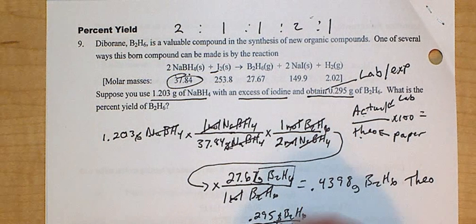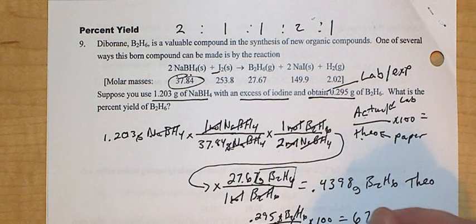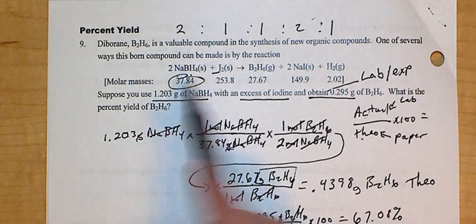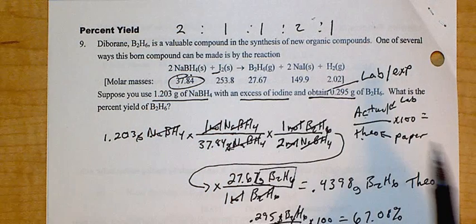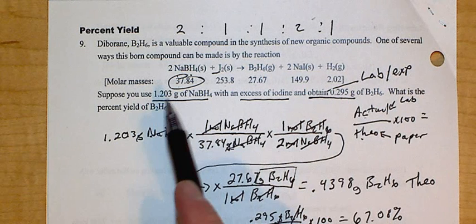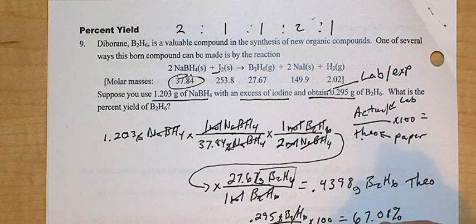Sorry, Miss Chang. We multiply it by 100 to get a percentage, and we're at 67.08%. I'm going to do a quick check here to look at my sig figs. I had 4 here and 4 here as well, and we started off with 3 and 4, so I'm going to make this 67.1 percent yield of B2H6.